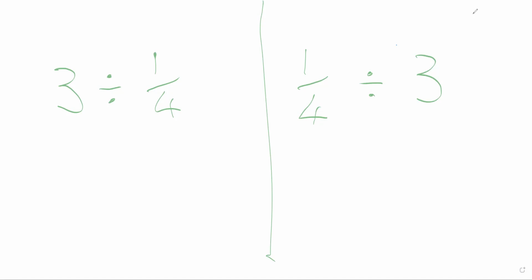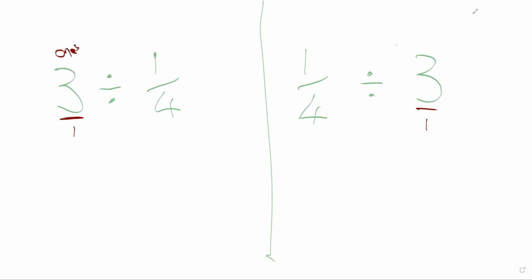The first thing I'm going to do is, for my whole ones, whether it's on the left-hand side or the right-hand side, I'm going to put it over 1. I'm just going to make it over 1. And that's because these are whole ones. So if we think about your place value, the 3 would be in the units column, or the ones column, as it is now commonly referred to.